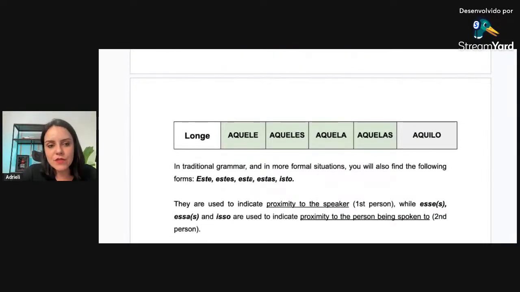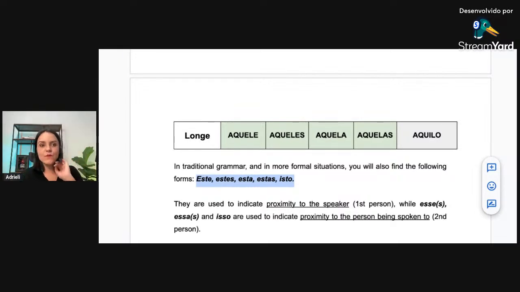So as I mentioned before, in traditional grammar and in more formal situations, you will also use este, estes, esta, estas, e isto. They are used to indicate proximity to the speaker, the first person, so the person that is speaking.